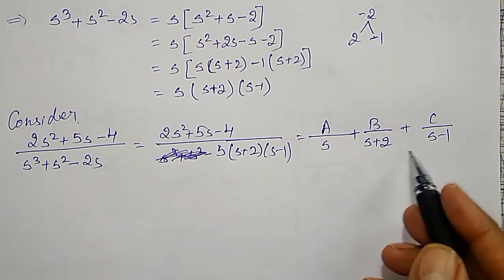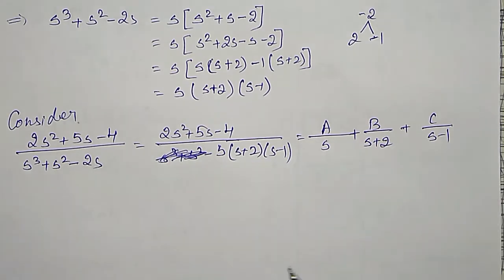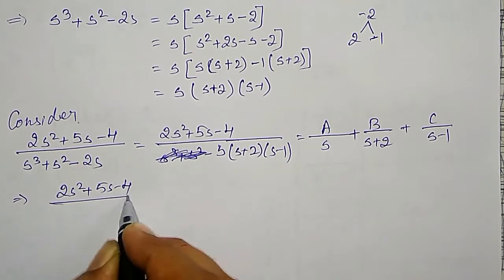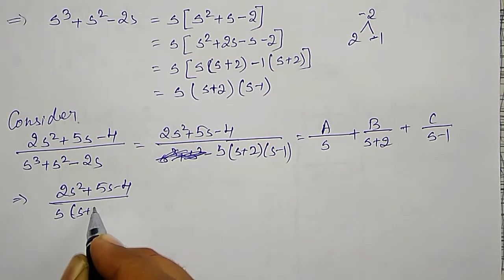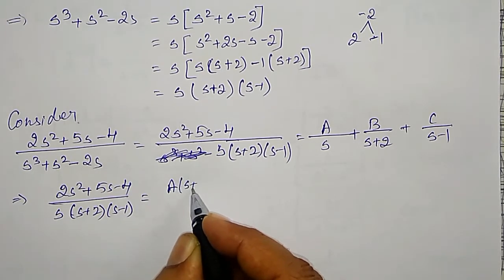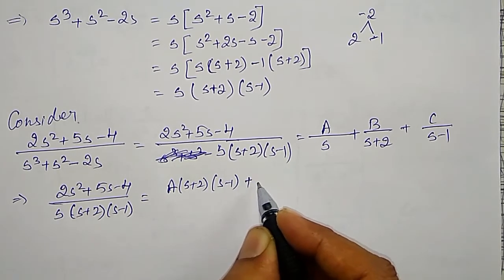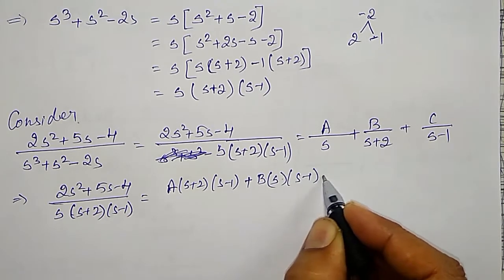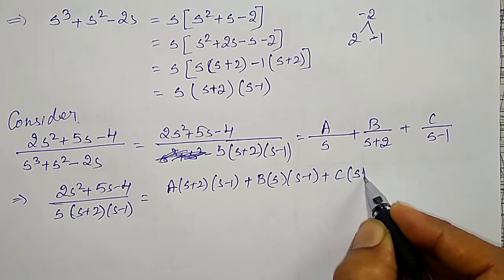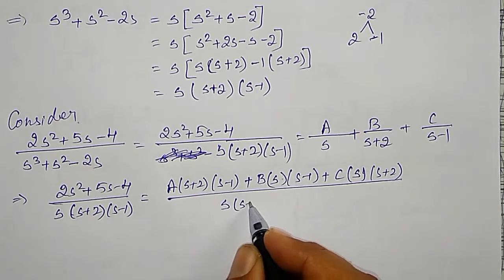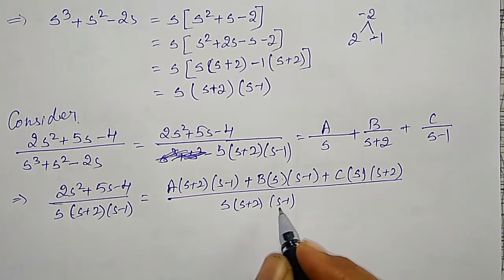Now taking the LCM and multiplying by it on both sides, what I am going to get here is 2s square plus 5s minus 4 divided by s into s plus 2 into s minus 1 equal to A into s plus 2 into s minus 1 plus B into s into s minus 1 plus C into s into s plus 2, whole divided by s into s plus 2 into s minus 1, as this is the LCM.